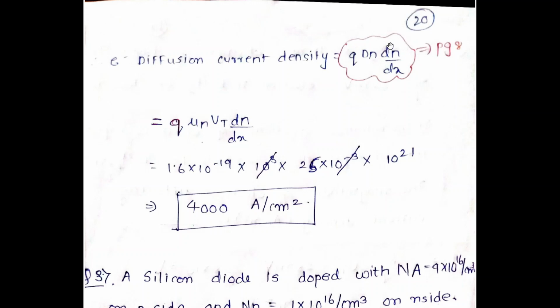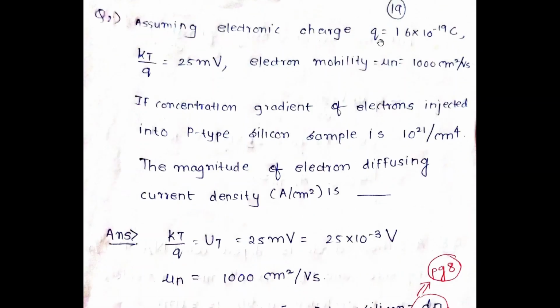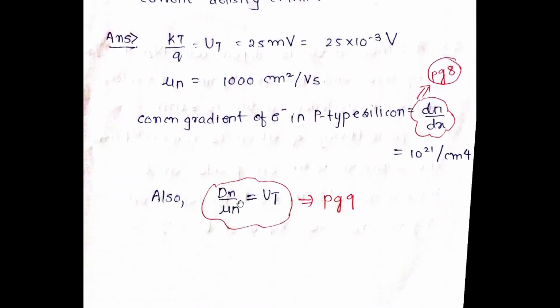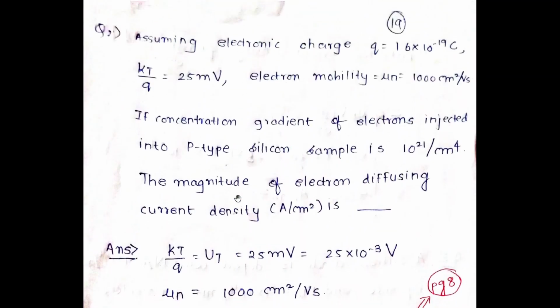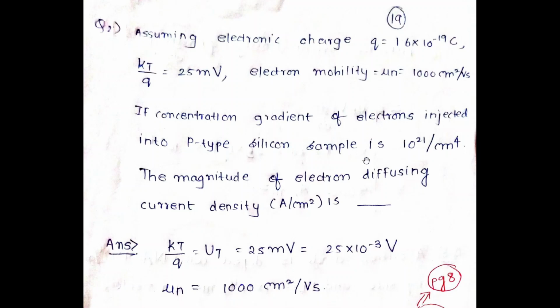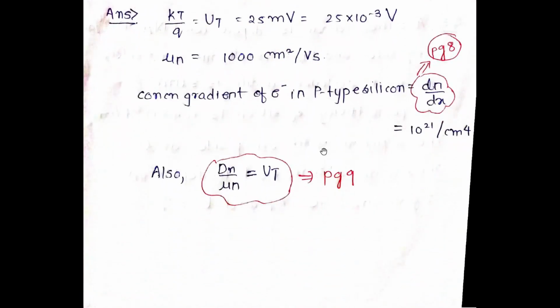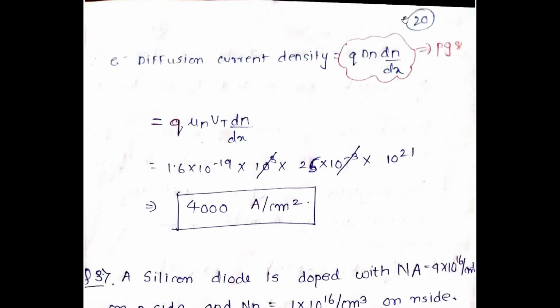The next term is Dn. So what is the formula for Dn? Dn is equal to mu n into Vt. What is mu n equal to? The mu n value is clearly given in the question as 1000 centimeter square per volt second, and Vt is the thermal voltage, which is given as 25 millivolts, that is 25 into 10 raised to minus 3 volts.